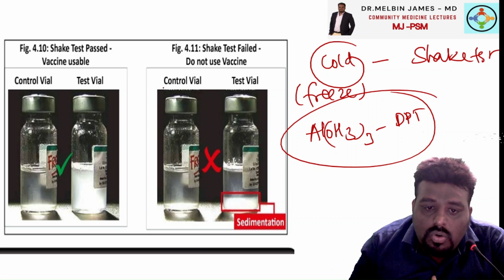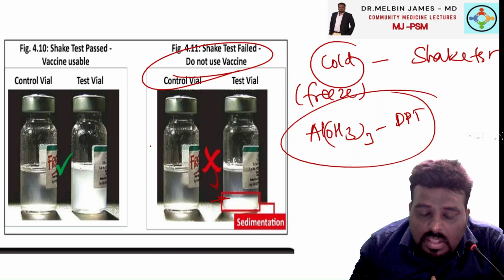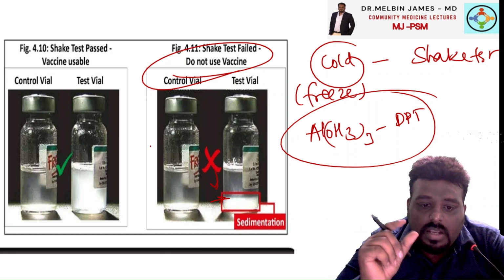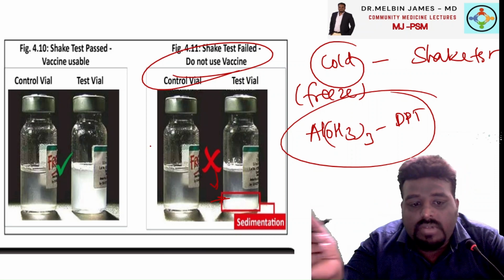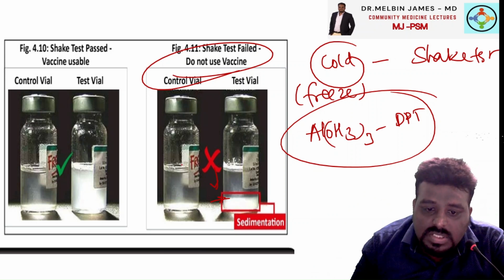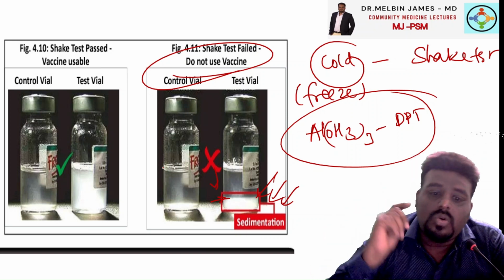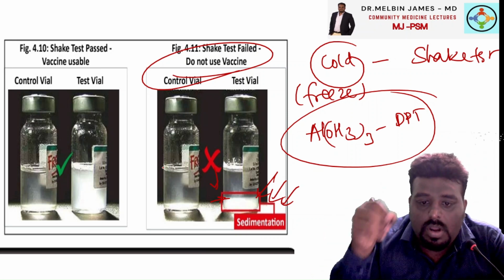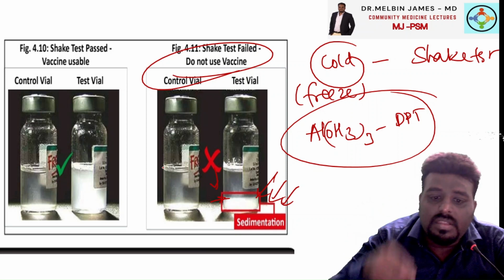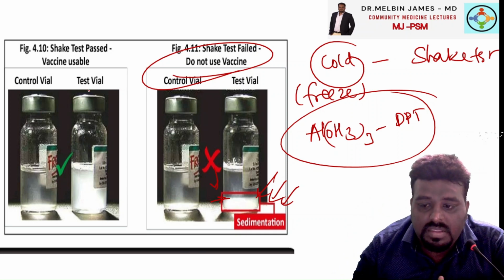Do not use the vaccine if, after shaking, you find sediments even after 30 minutes. Your aluminum hydroxide has already settled down, so there is no point in using the vaccine.